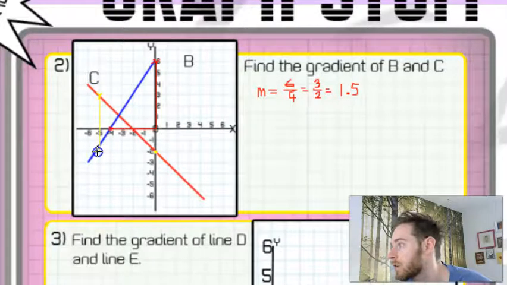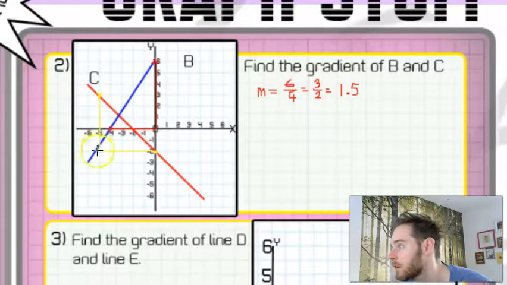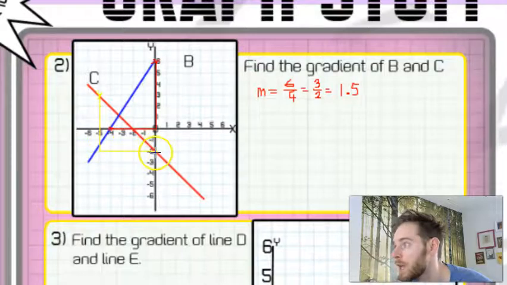All right, we can kind of ignore the fact it's negative gradient at the moment and just work out what the difference in y divided by difference in x is. Okay, so we've gone down here, and the difference between 3 and minus 2 is 5, yeah, there's 5 squares between those 2 points, and that difference there, 1, 2, 3, 4, 5, there's 5 there as well.